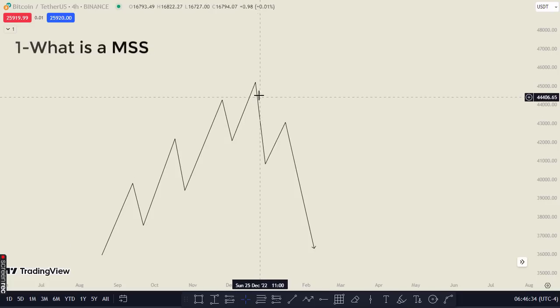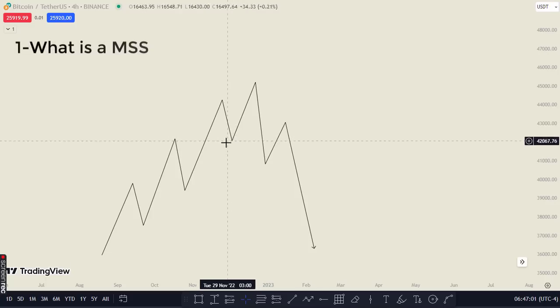So if you compare the size of the candles right here to the candles of this structure right here, you will see that the candles are twice or thrice the size of the candles here. So this is how you know that this is energetic. Displacement must be energetic.